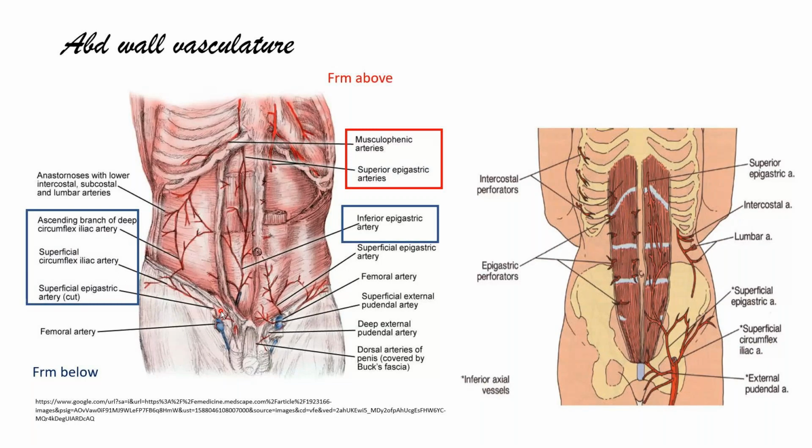So from below and above, you have a very good blood supply, both supplying the superficial part of the abdominal wall and the deeper part of the abdominal wall. Similarly, for the rectus abdominis, you have the intercostal perforators covering the abdominal wall. You have the epigastric perforators from the superior epigastric and inferior epigastric. So they're all supplying the abdominal wall. So we look at the superficial arteries from above.